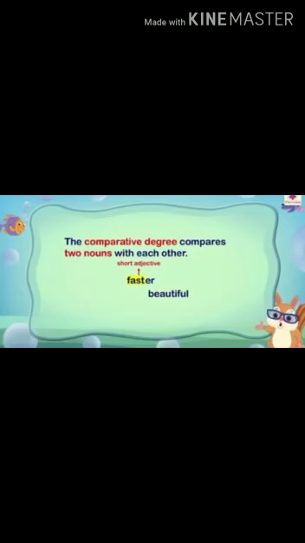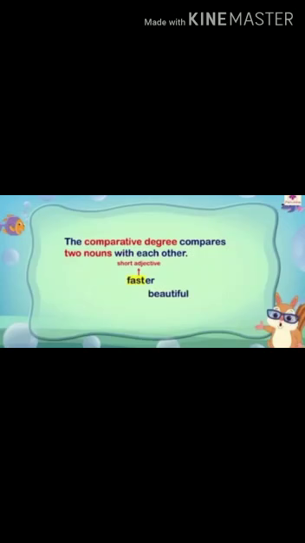Next we can change the positive form of adjective to comparative form of adjective by adding er. Not in all the cases, but in many of the cases we can change the positive form to comparative form by adding er.